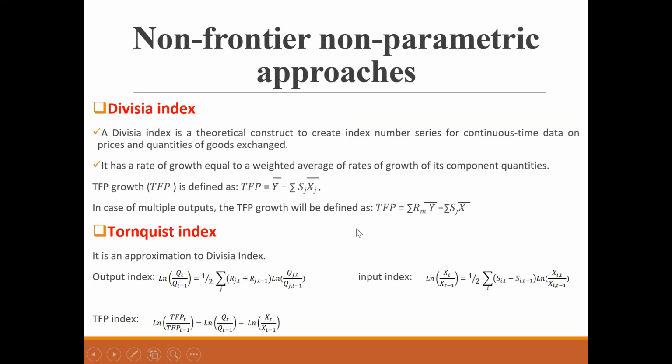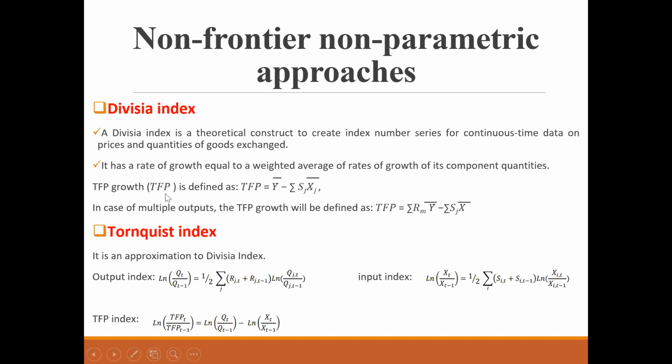Second one is the non-frontier non-parametric approaches, which are the index number approaches, Divisia Index and Malmquist Index. Divisia Index is a theoretical construct to create the index number series for continuous time series data on prices and quantity of goods exchanged. It has a rate of growth equal to the weighted average of rates of growth of its component quantities.